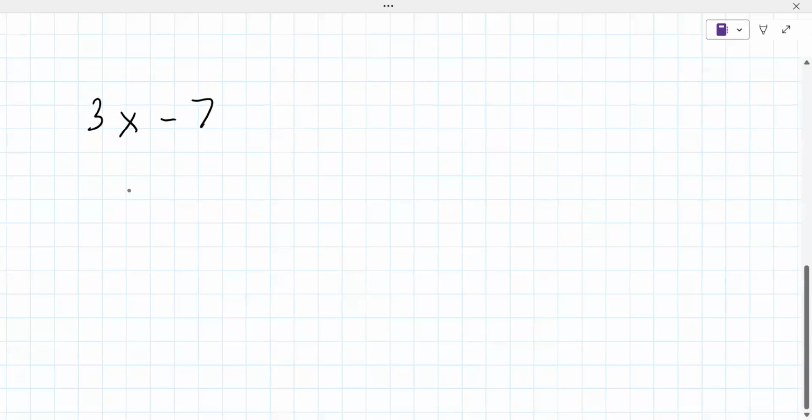3x minus 7 equals 2x minus 4. So you're looking at the variables. So 3x and 2x, which is smaller, 3x or 2x?